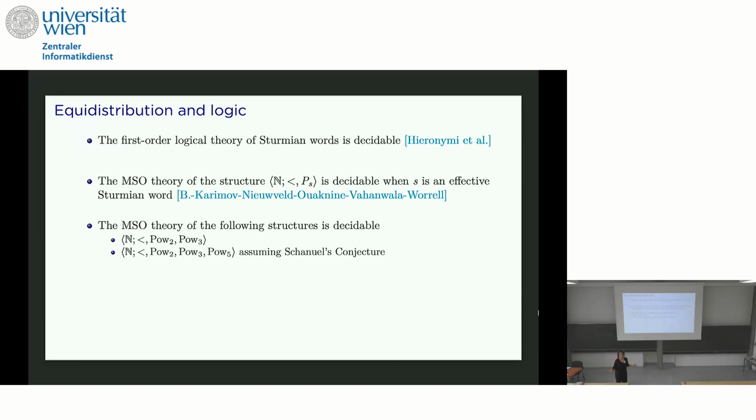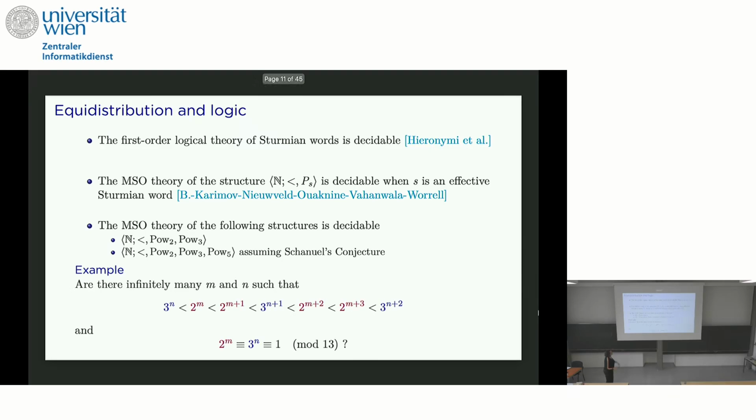A Sturmian word is uniformly recurrent because it's uniquely ergodic and equidistributed. So our proof comes back to this kind of property. And if we have powers of 2 and 3 and 5, then we need some transcendence information, a conjecture. To give a more concrete flavor of the kind of statement we can express: can you find three consecutive powers of 3, 3 to the n, 3 to the n plus 1, 3 to the n plus 2, between two consecutive powers of 2?